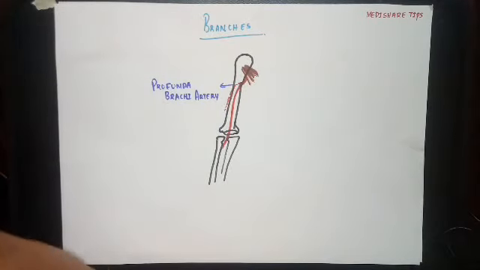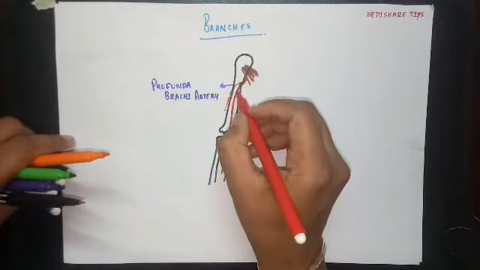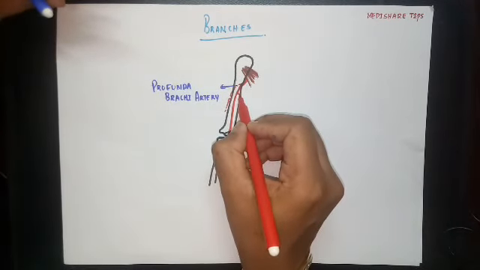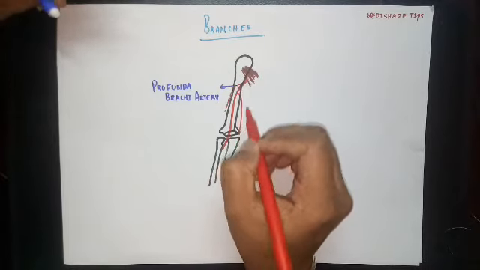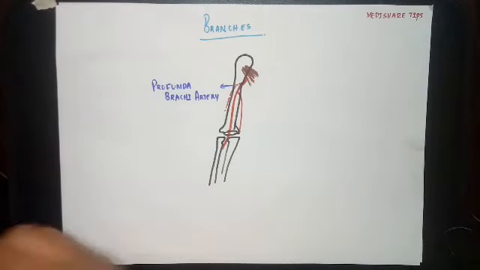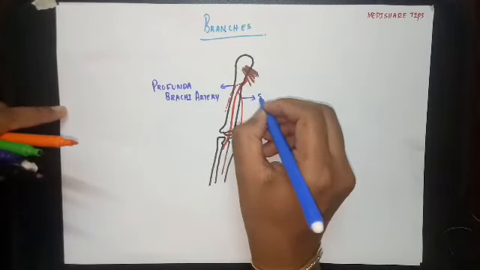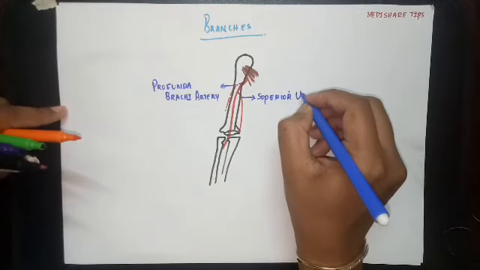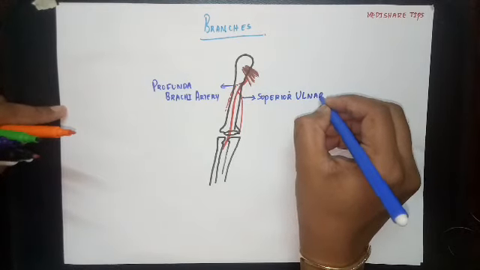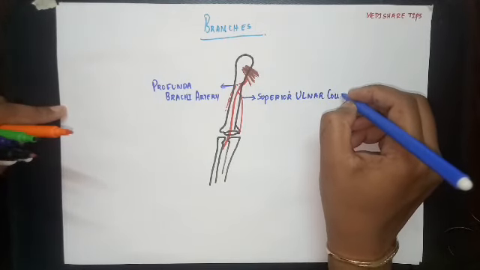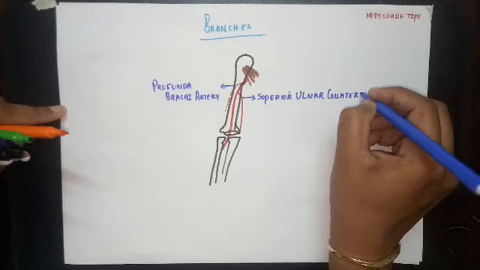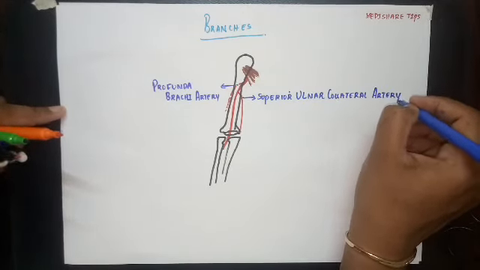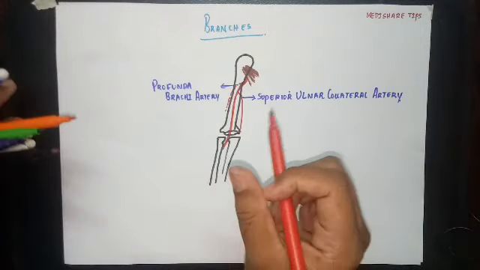And after this, it gives out a branch which is known as the superior ulnar collateral artery. That's in the upper part of the arm.